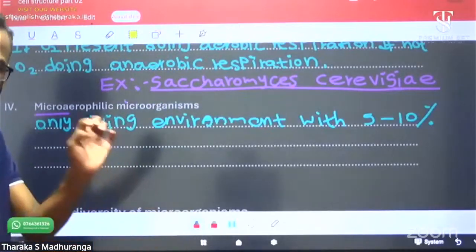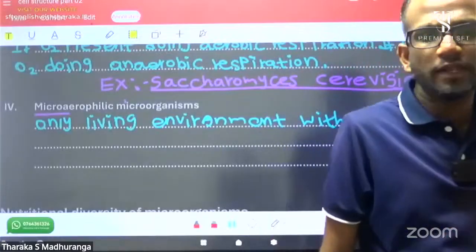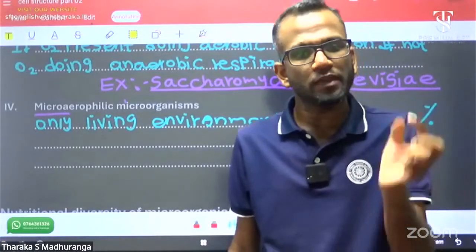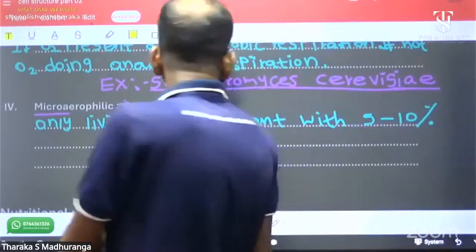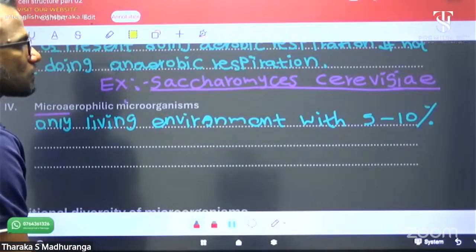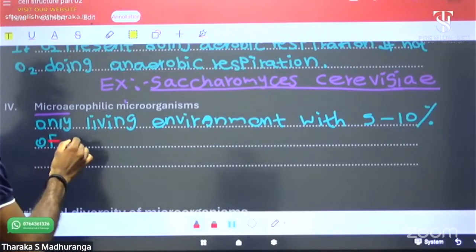A normal environment has 21% oxygen, and these microaerophilic microorganisms cannot live in it. They only live in an environment with a very low oxygen level, with 5 to 10% oxygen concentration.